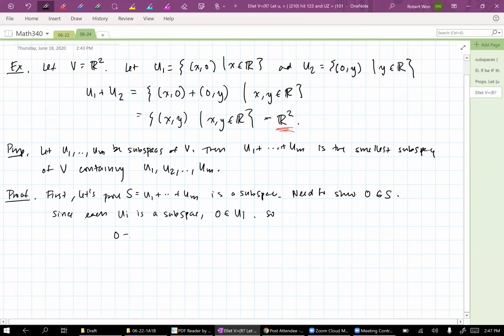So the 0 vector, which is 0 plus 0 plus 0, m times, is in the sum S, right? Because this one is from U1, this one is from U2, this one is from UM. So I've successfully written 0 as a sum of elements, one from each of the Ui's. So that shows that 0 is in S.